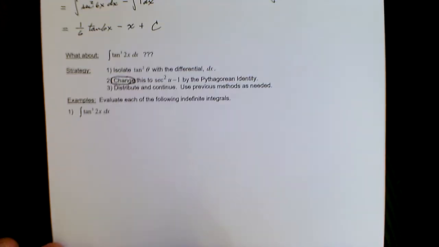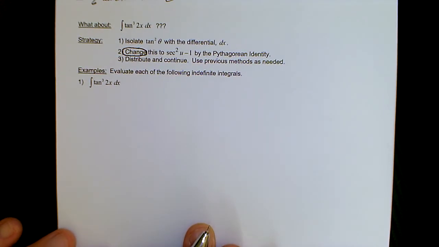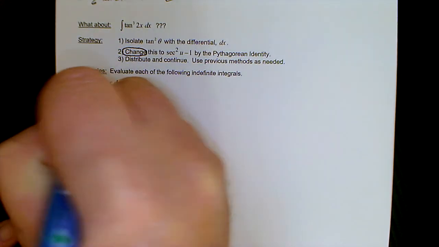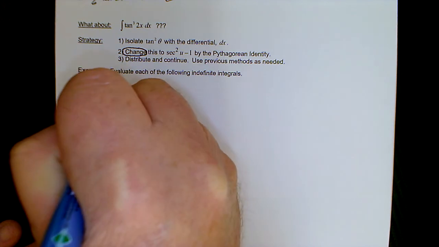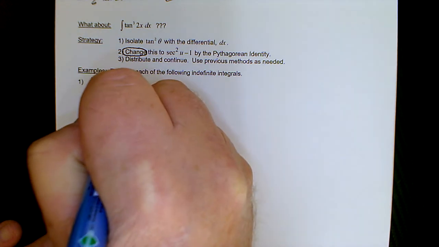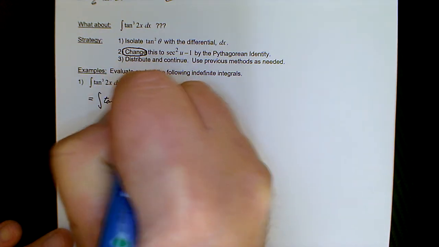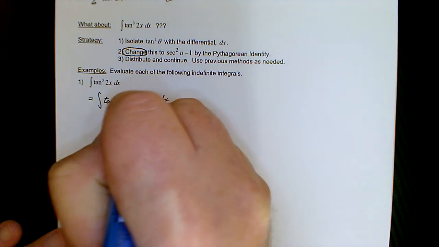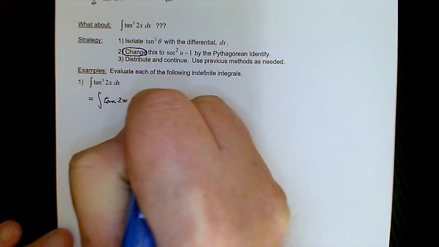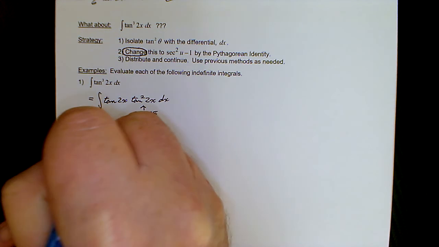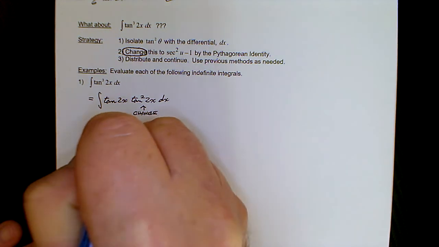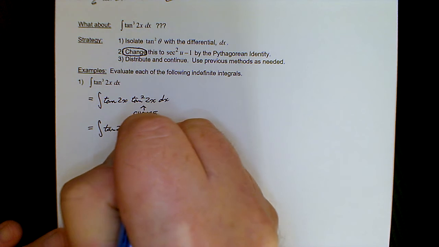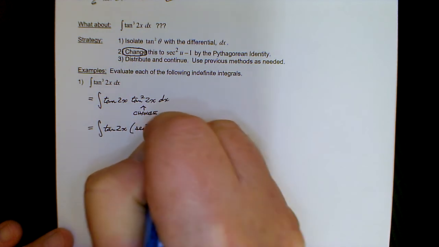So, onto this example, tangent cubed. We'll take two factors away from tangent cubed. So that's tangent 2x. Those two factors of tangent that we borrowed over with the differential dx, but then change this immediately. So we've got the integral of tangent of 2x, and then tangent squared of 2x is secant squared of 2x minus 1.